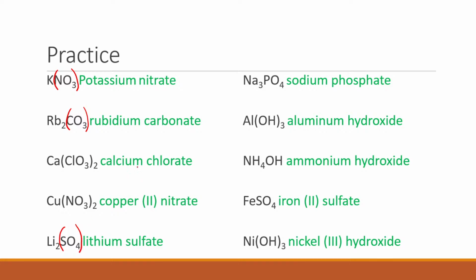Most polyatomic ions are negative, which means you're going to find them in the back of the compound. There are a few that are positive, ammonium being one of them. And it is totally possible for there to be a positive polyatomic ion combined with a negative polyatomic ion.